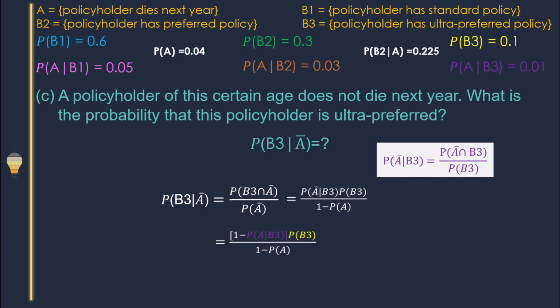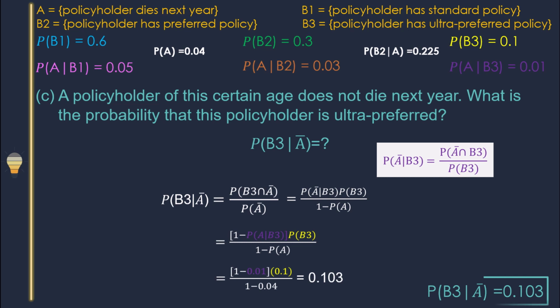Therefore, we can write 1 minus the probability of A given B3, times the probability of B3, divided by 1 minus P(A). Now we know all the probabilities, so plug in the numbers and you can get the answer. That is 0.103.